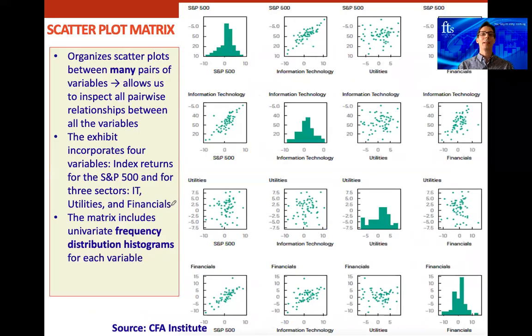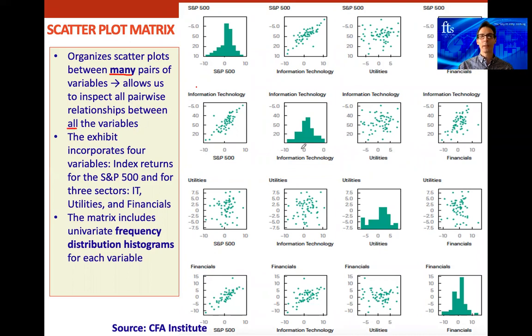Good. Now we need to look at what we call a scatter plot matrix. What is this? A scatter plot matrix organizes scatter plots between many pairs of variables and allows us to inspect all pairwise relationships between all the variables.